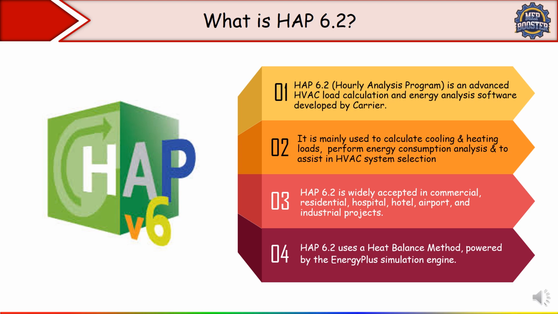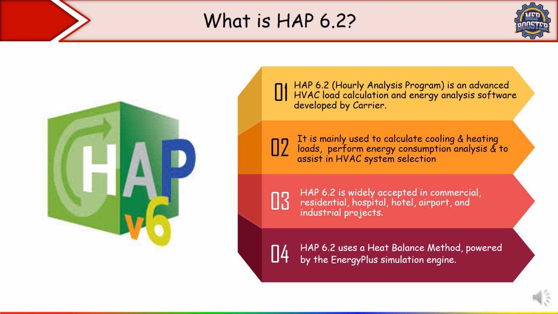And HAP 6.2 uses a heat balance method powered by the energy simulation engine. Okay, so how does HAP 6.2 work? Simple. It works on an hourly simulation basis using outdoor weather data, solar radiation, internal heat gain, building thermal properties, HVAC operation schedules.